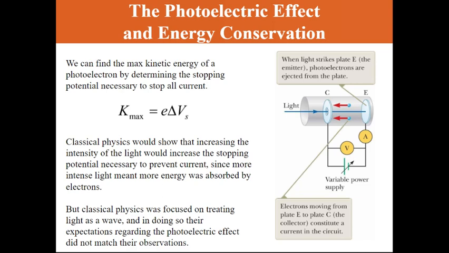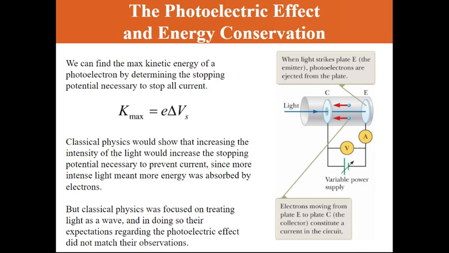So this whole phenomenon of the photoelectric effect, to explain why light could eject electrons, could be somewhat explained with the classical model, but not entirely.